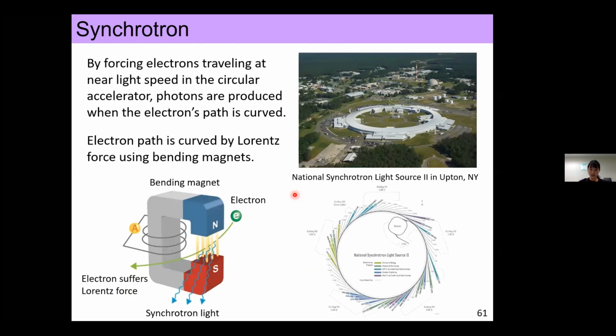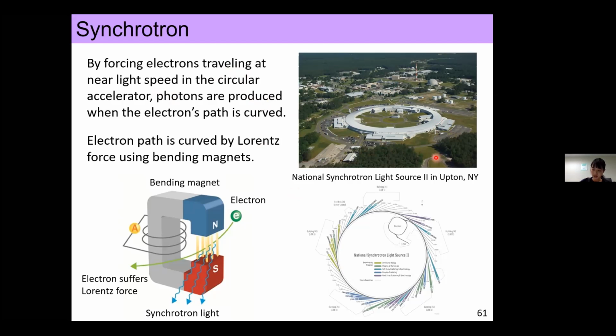Because they used a synchrotron as the X-ray source, I would like to explain it briefly because I didn't introduce the synchrotron in my lecture. A synchrotron is a particular type of cyclic particle accelerator, as shown in this photo.